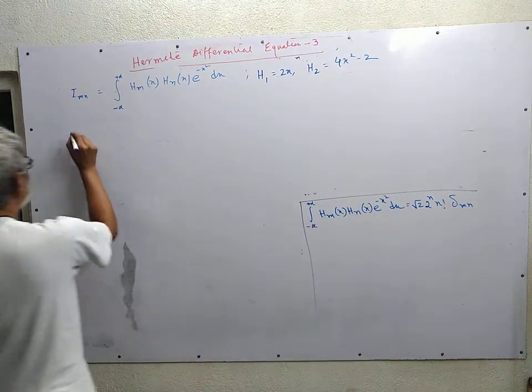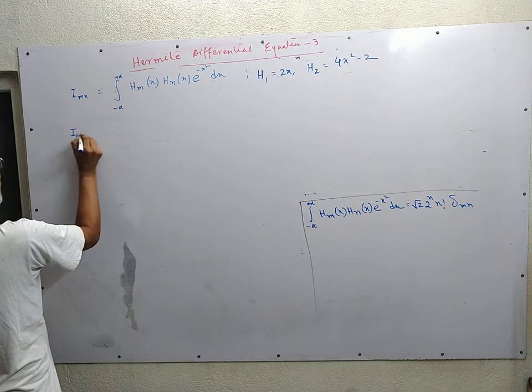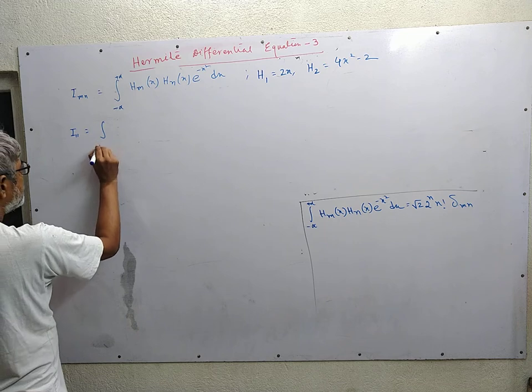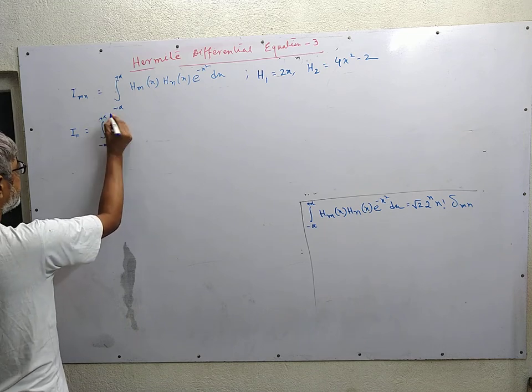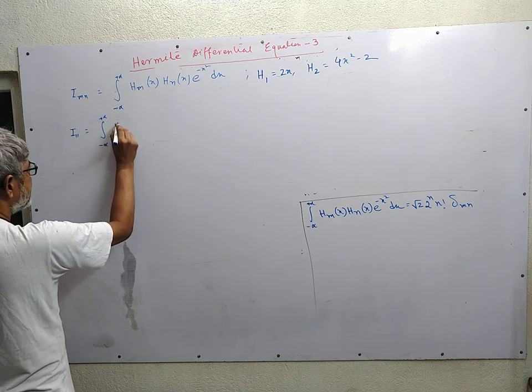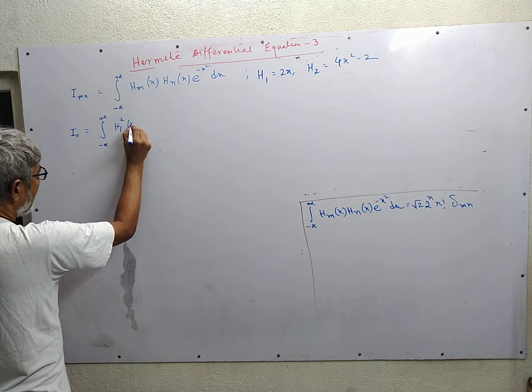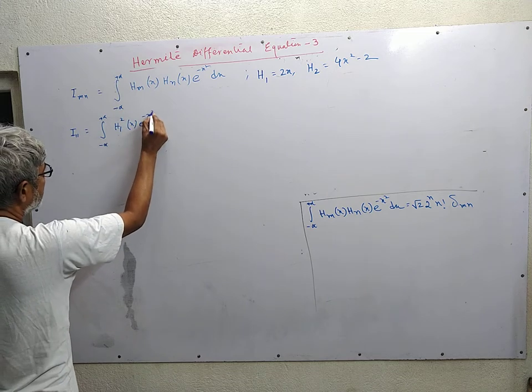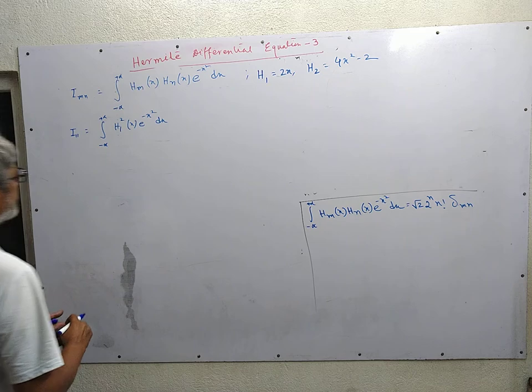So we first consider I11. The limit is from minus infinity to plus infinity, H1 square of x e to the power minus x square dx.